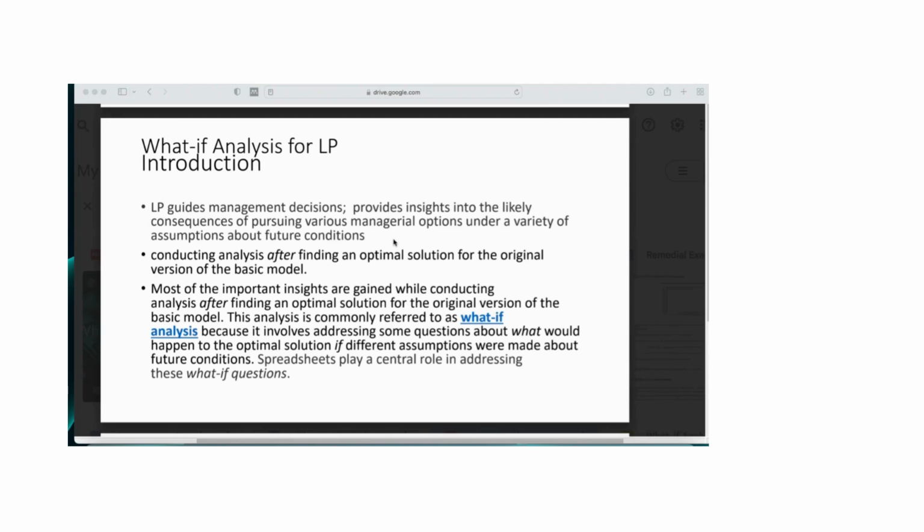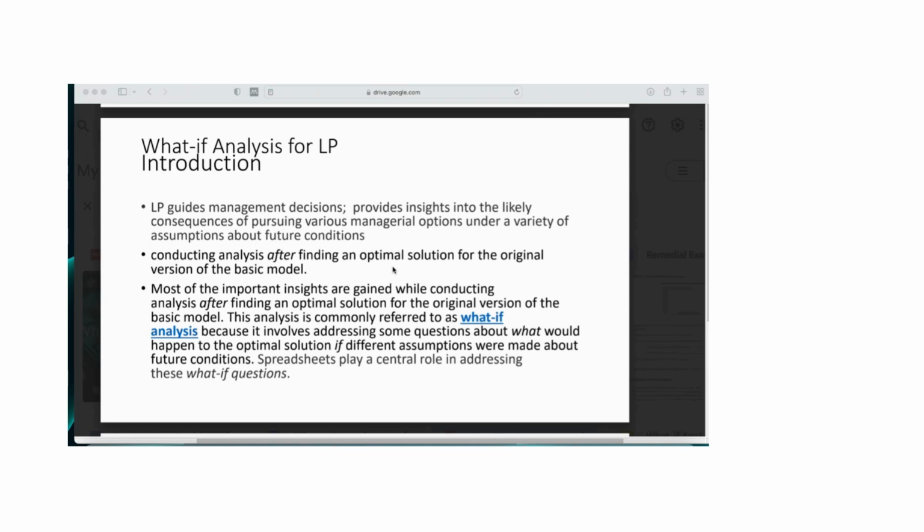Which means to say that we are better prepared for any possibilities that may occur in the future, and we're able to react better when we have prepared for certain contingencies.